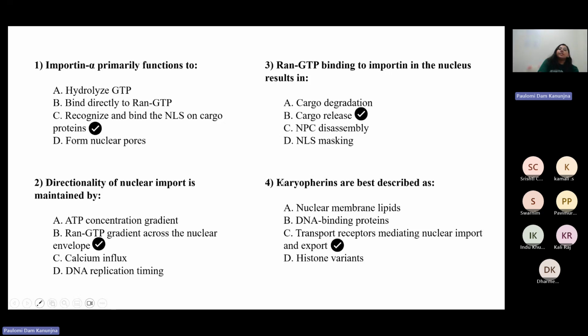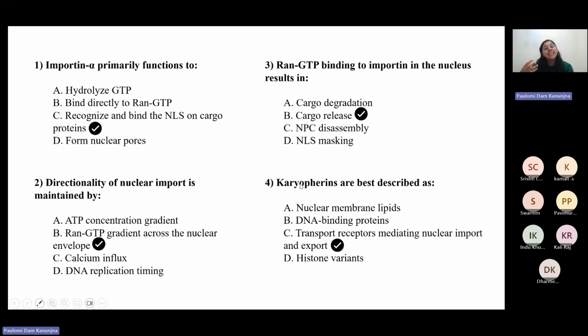So the first question is importin alpha. Alpha's function is to recognize and bind the NLS on the cargo protein, but this is not yet complete. You need the importin beta to form the entire cargo complex. Next question: the directionality of nuclear import is maintained by the RAN GTP gradient across the nuclear envelope.